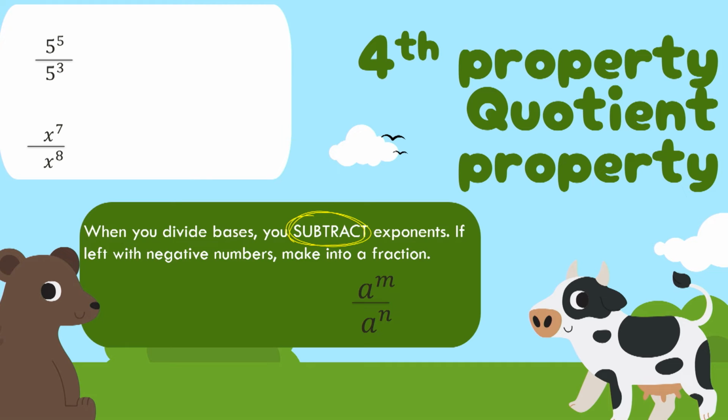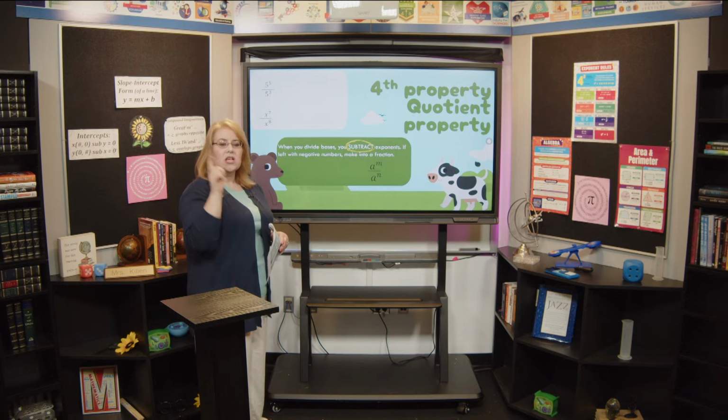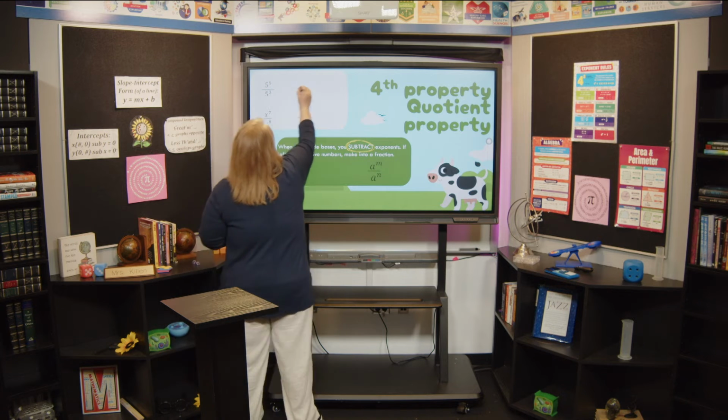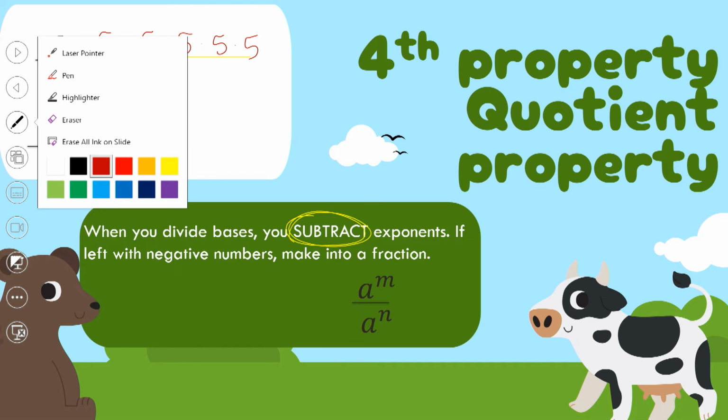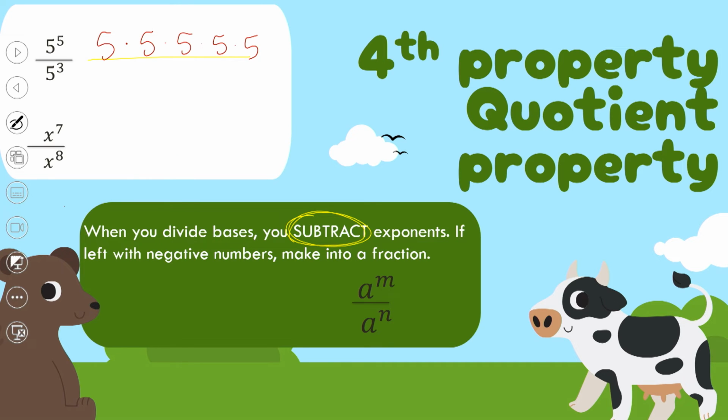So let's look at this top one up here. 5 to the 5th divided by 5 to the 3rd. So this is how I have worked mine in the past, okay? So I want to show you this. I have 5 5s that I'm multiplying on top. On the bottom, I have 3 5s.